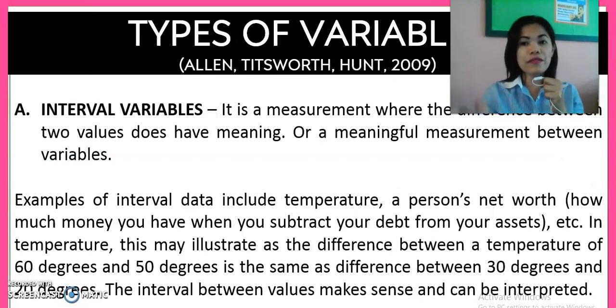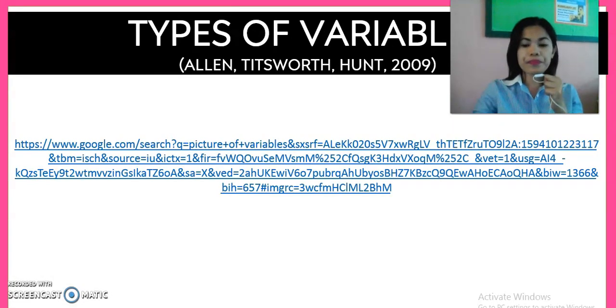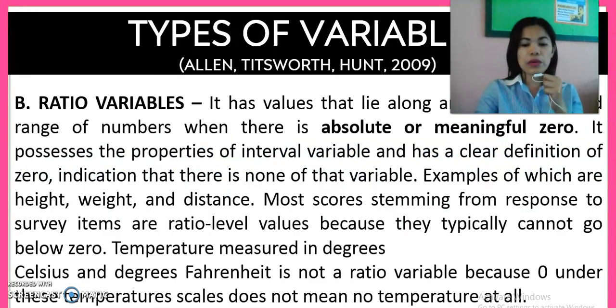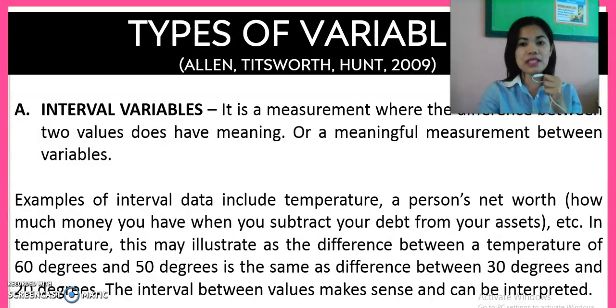Okay, so the first type of continuous variable is interval variables. When you say interval variables, it is a measurement where the difference between two values has meaning.